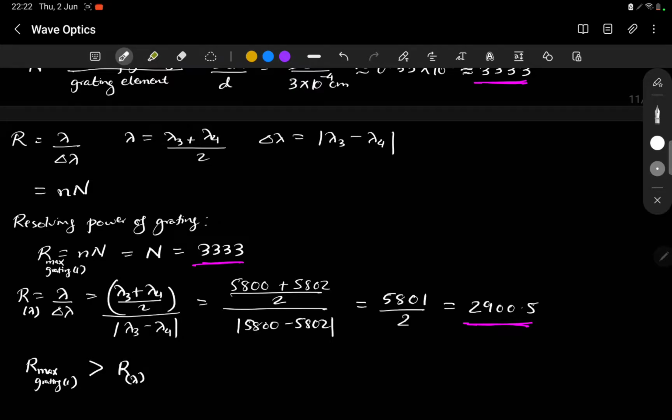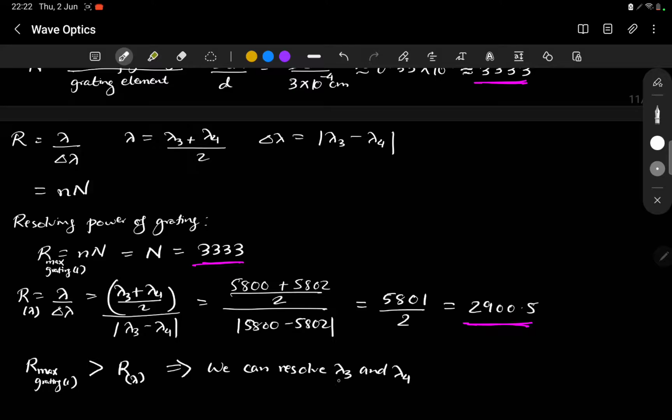So clearly in our situation, we see that the resolving power of the grating is much more than the required resolving power for the given set of wavelengths. So this means that we can resolve lambda 3 and lambda 4 of the given wavelengths 5800 angstroms and 5802 angstroms.